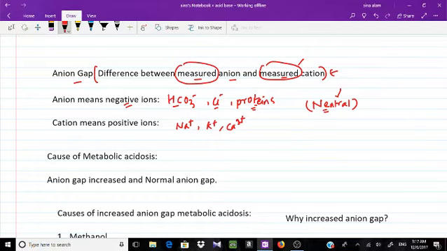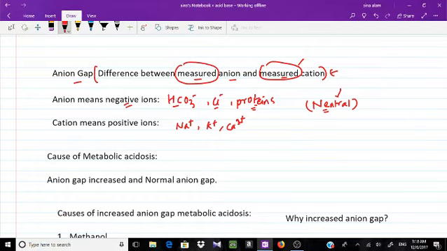Every cation is equal to every anion. There is no difference in our total body cation and total body anion. I mean the charge. Our body is in neutral condition. There is the same amount of positive ions and the same amount of negative ions.